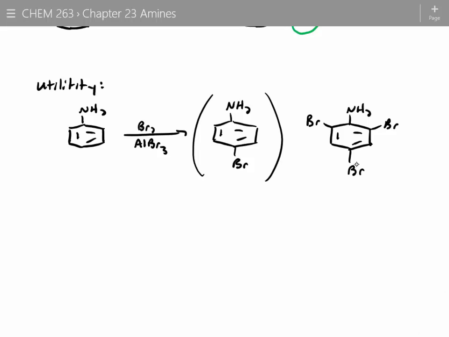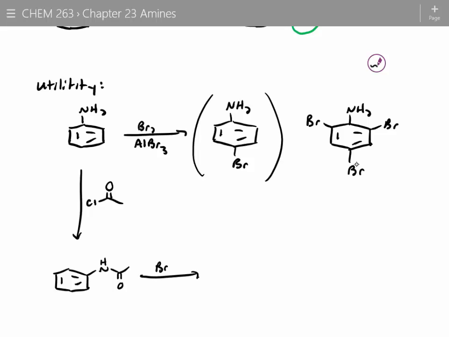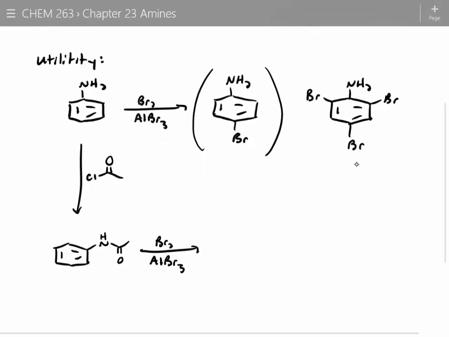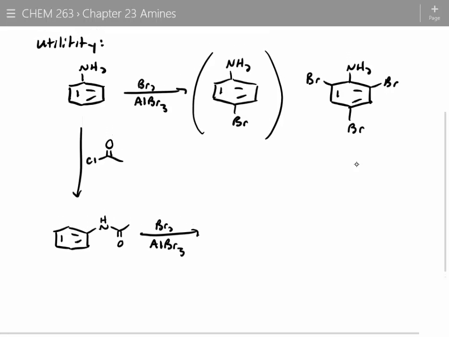So the workaround is to acylate it. And then we can brominate it. Is that acylated aniline going to be an ortho-para or meta director?